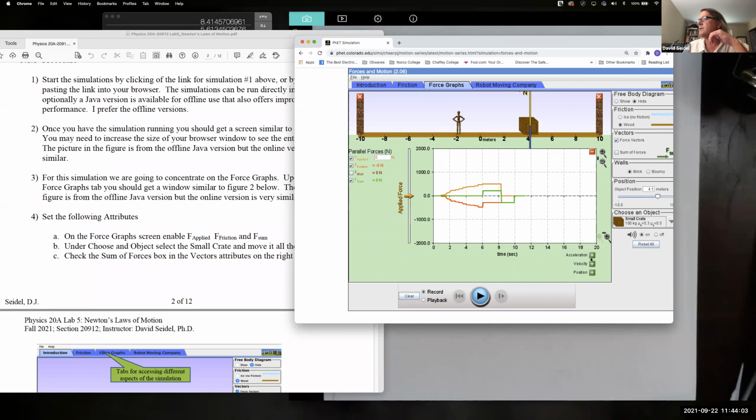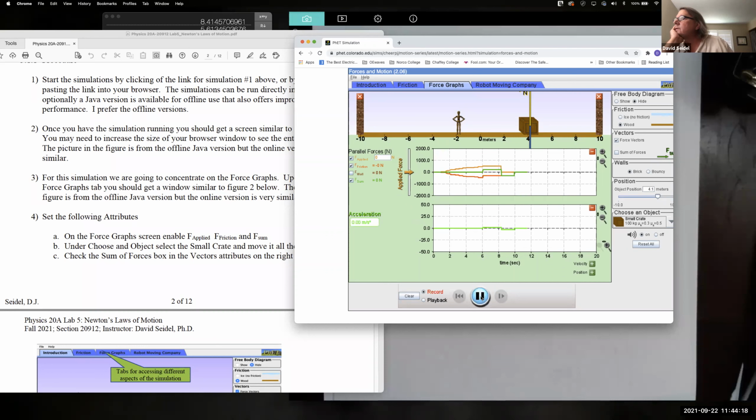Now, if I look at my acceleration graph, with a plus here. Okay, maybe I can't do that when it's paused. There's my acceleration graph. Zoom in on here. We'll pause it again.